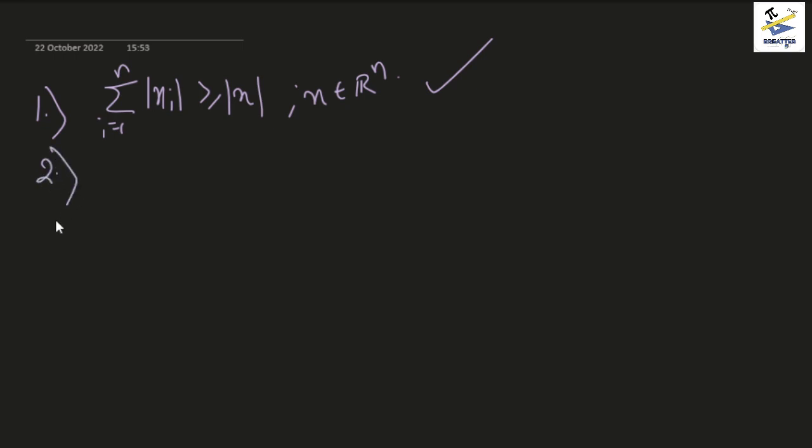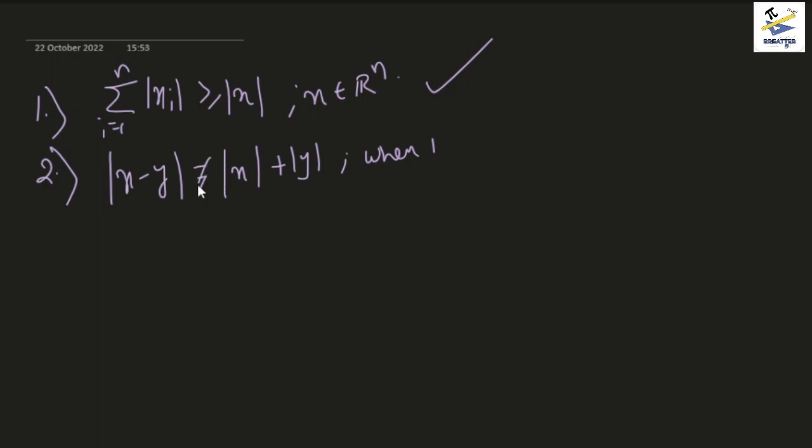Another variant of this problem is this, where we have norm of x minus y less than or equal to mod x plus mod y. We want to find out when the equality holds.